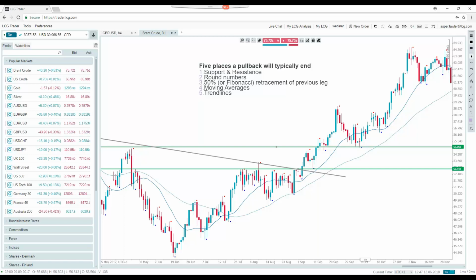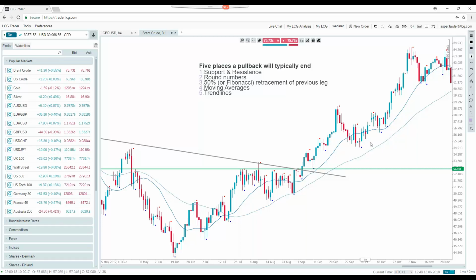Now what I wanted to talk about here is that you see I've got these little dots on the screen. Don't be too confused. These dots are called fractals, for those who aren't familiar. It's just a nice way to highlight where a swing point is. The one thing I don't like about the way our platform presents the fractals is that it actually touches the bottom of the candlestick, so you can't always see exactly where the bottom of the candle is, if you're a bit finicky.